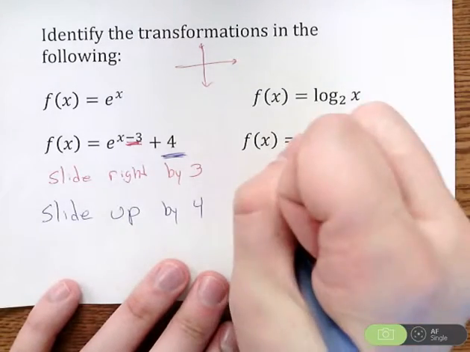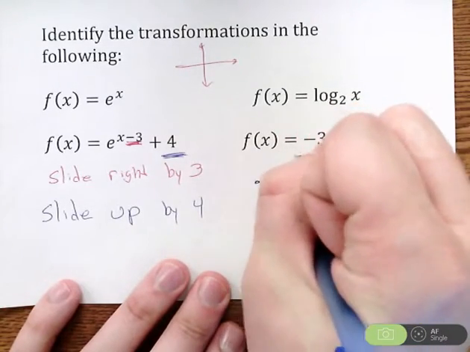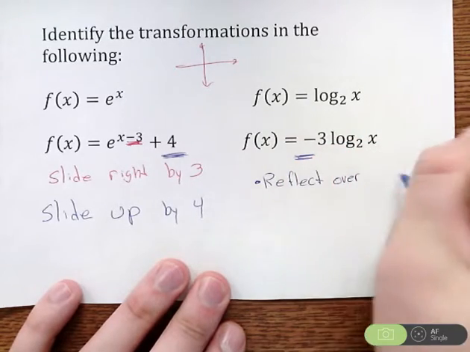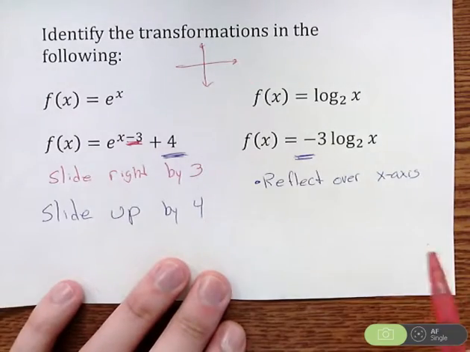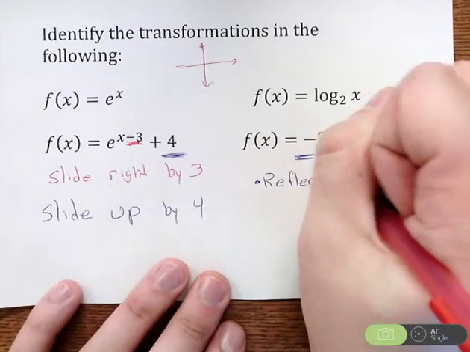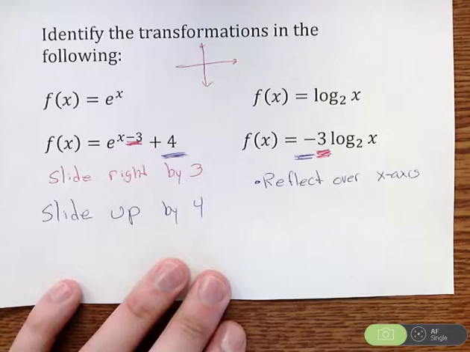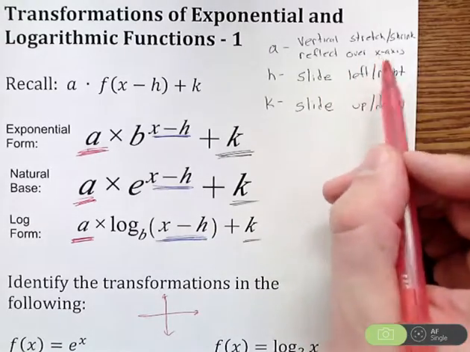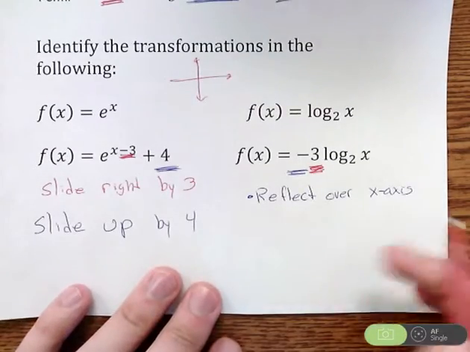When you have that negative sign, what that means is we are reflecting over the x-axis. The other piece we have to explain there is that multiplier of 3. I already dealt with the negative, so I don't care about that. I care about the 3. Still dealing with A, I know it's a stretch or a shrink, so I just have to figure out, is 3 a stretch or a shrink?